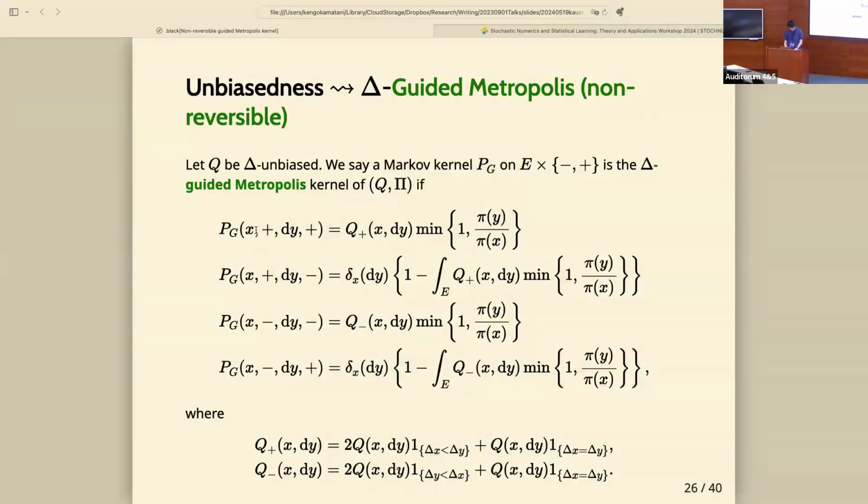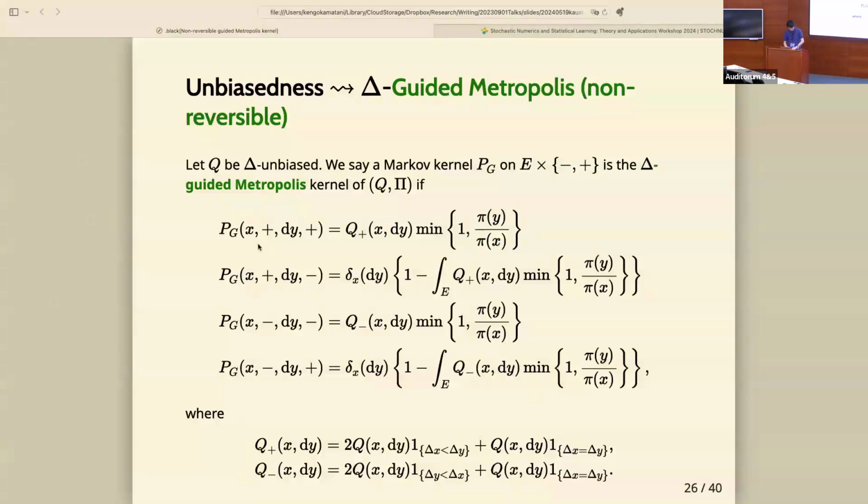If the initial direction is positive, then we use not Q, but Q plus. What is Q plus? Suppose that Q is unbiased. Then we divide Q into Q minus and Q plus. Q plus only jumps in the positive direction, and Q minus only jumps in the negative direction. Q is divided into two kernels.